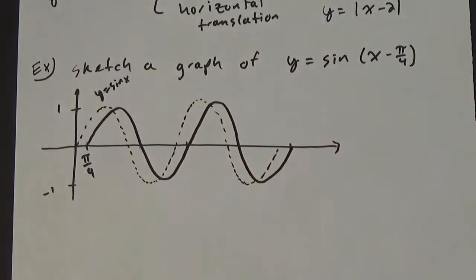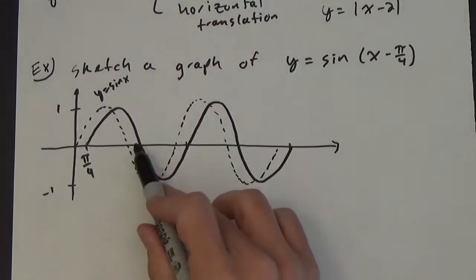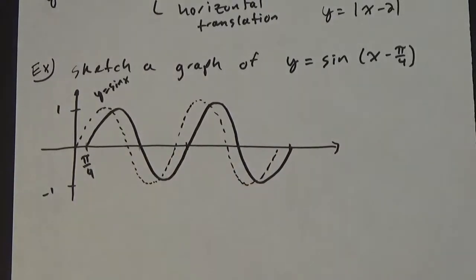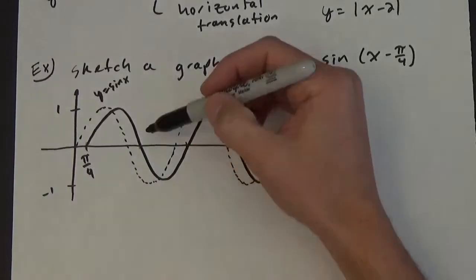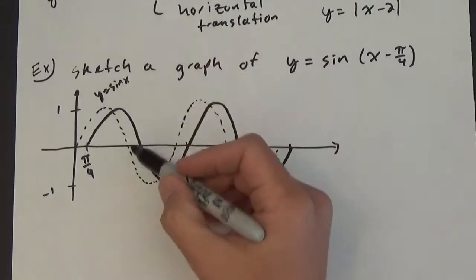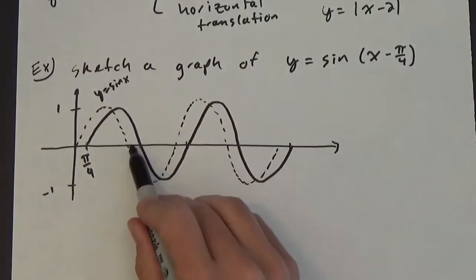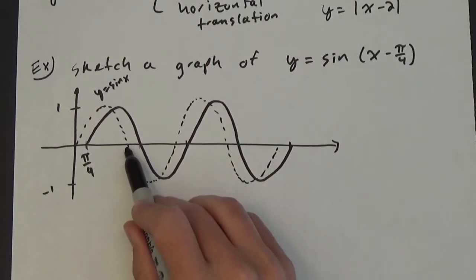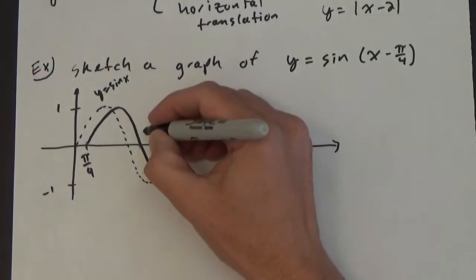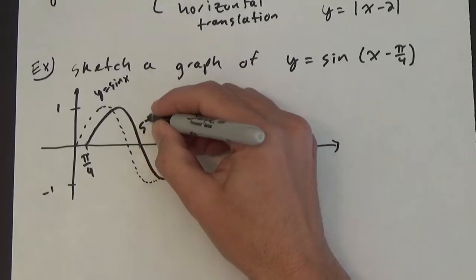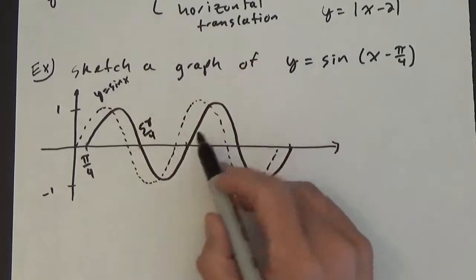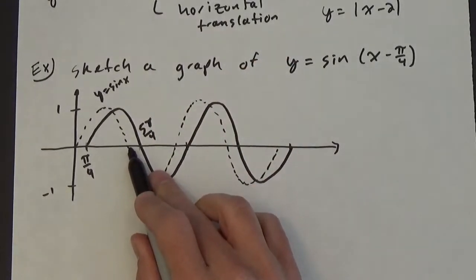And there we go. Now we do have to label where it crosses this axis of oscillation. To do that, you just add pi over 4. If this, for example, is pi over 2, then we would add pi over 4. Actually, that's pi, sorry. So pi plus pi over 4 is 5 pi over 4.